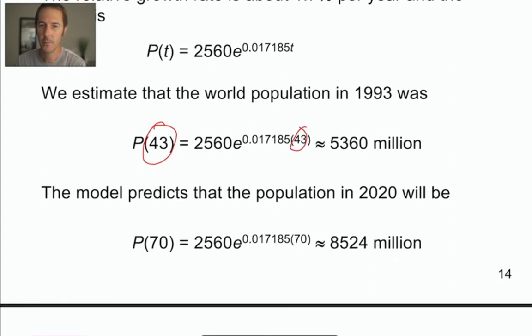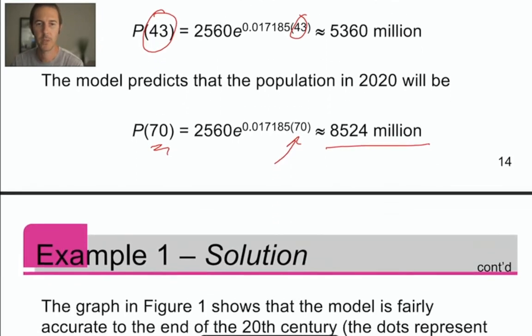It gives us a population of approximately 5,360 million. And in the year 2020, which is 70 years after 1950, we've typed in the 70 here. The 70 is appearing as our time value. Calculator work gives us this approximate population.